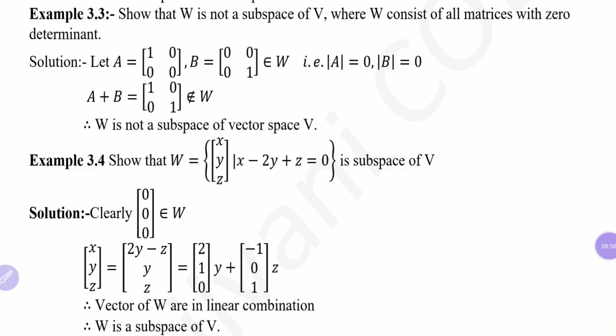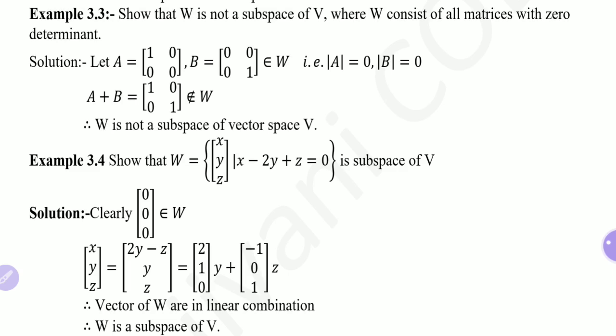So consider any two random elements. Whenever we have to show that it is not a subspace, we have to take some particular elements of that set and show that it doesn't satisfy one of the properties, that is, it is not closed under addition, or it is not closed under scalar multiplication.